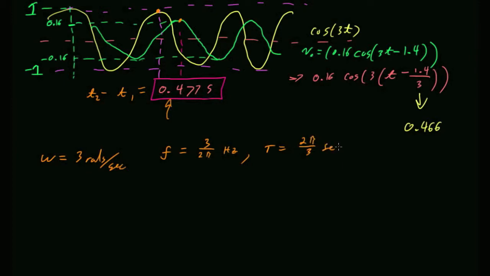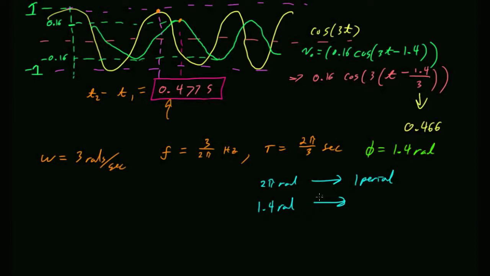Now, the phase shift is 1.4 radians. Agreed? Now we know in general that 2 pi radians corresponds to 1 period.